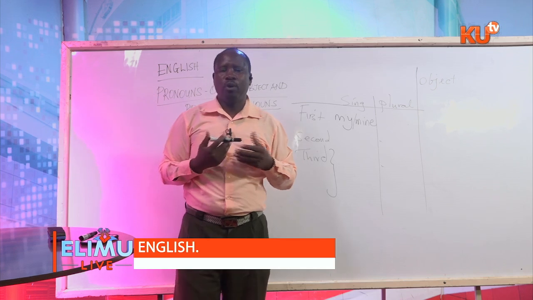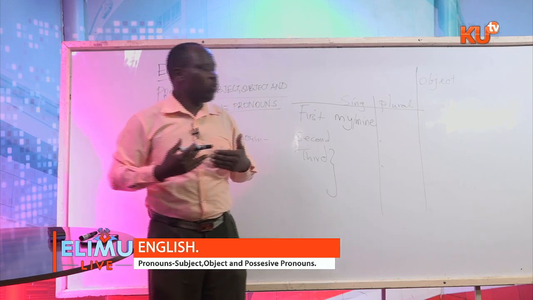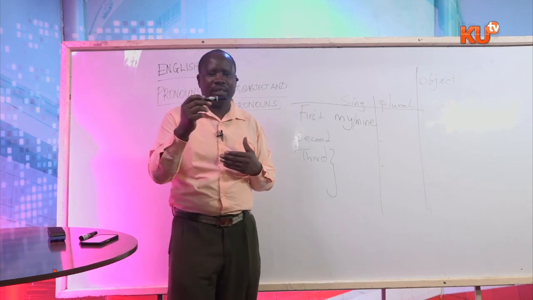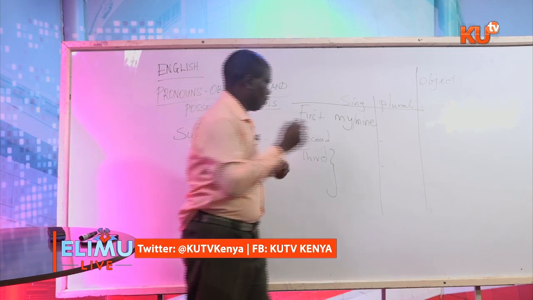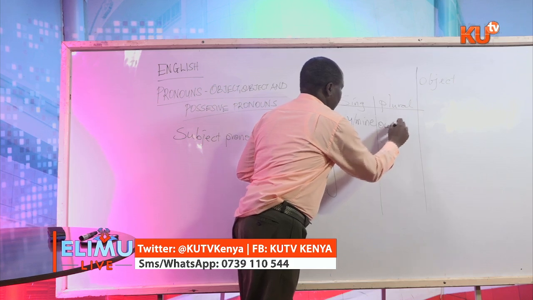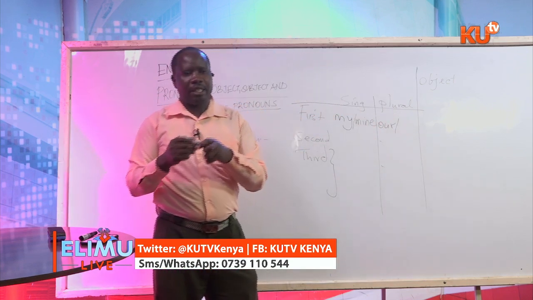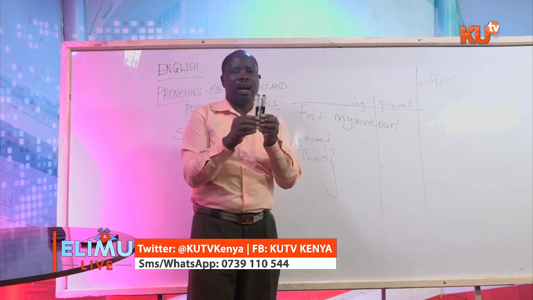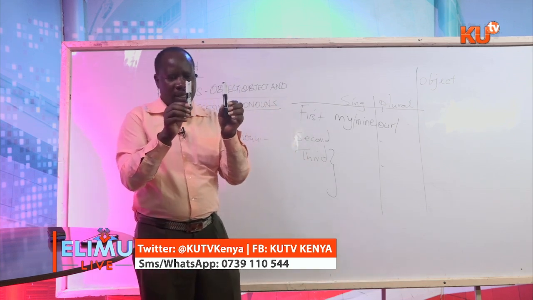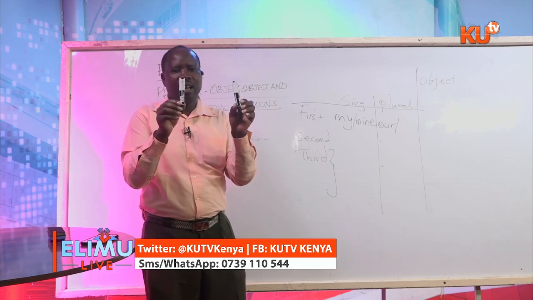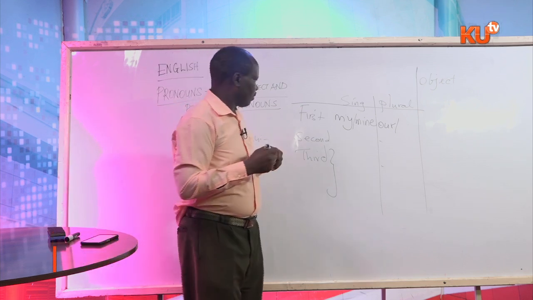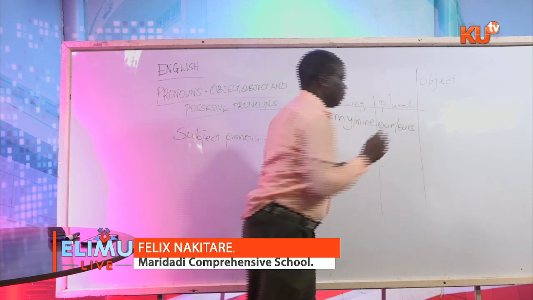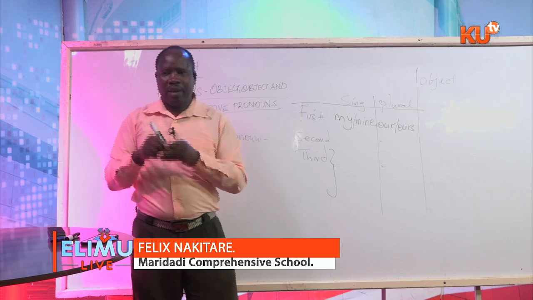Then first person plural. It is we talking. We who are here, and we are now many. We can say, this is our felt pen. Or if there are many, these are our felt pens.